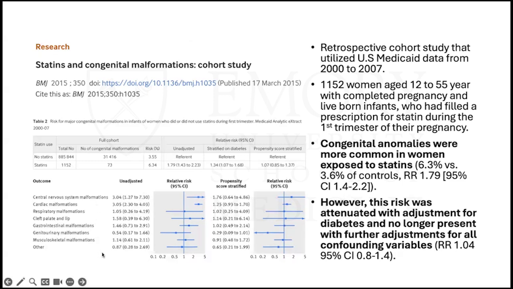And here is a breakdown of the different congenital malformations. This is the unadjusted model. As you can see, we did see more central nervous system malformations and cardiac malformations in the unadjusted model, but after they did a propensity score stratification, that risk was no longer present.